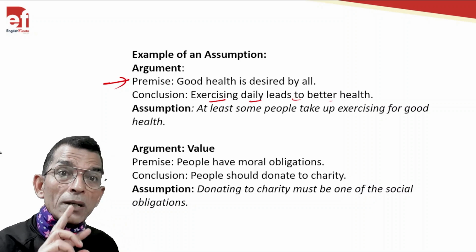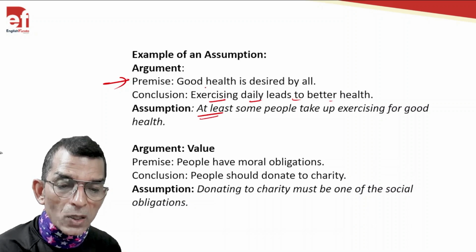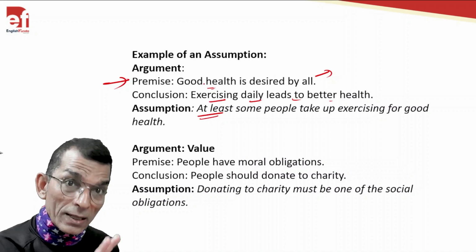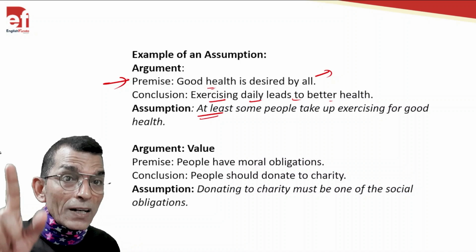Now, what should be the connecting sentence that lets me draw a conclusion like this? It is this: at least some people take up exercising for good health. Good health is desired by all. Well, at least, and that is not the only way. What the constituents of good health are is not given in that first statement.